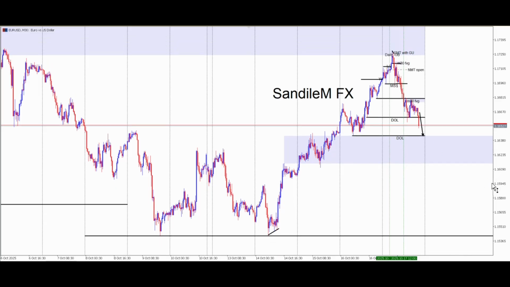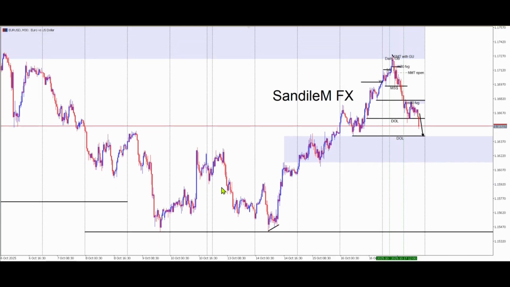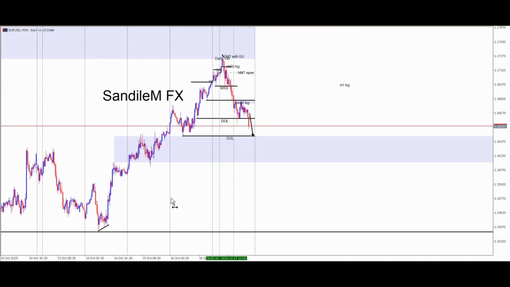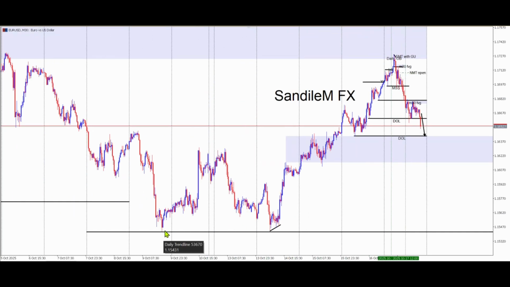Another thing that you should take note here is that as GBPUSD reached below last week's low, EURUSD didn't get below last week's low right here. This by itself is another huge SMT.